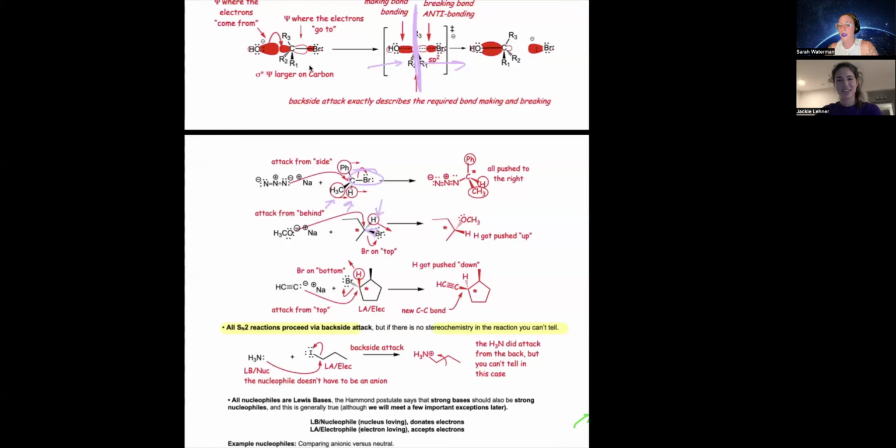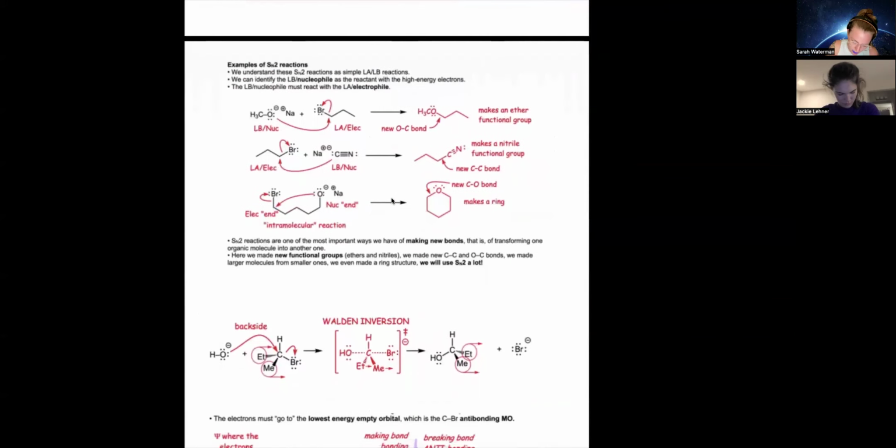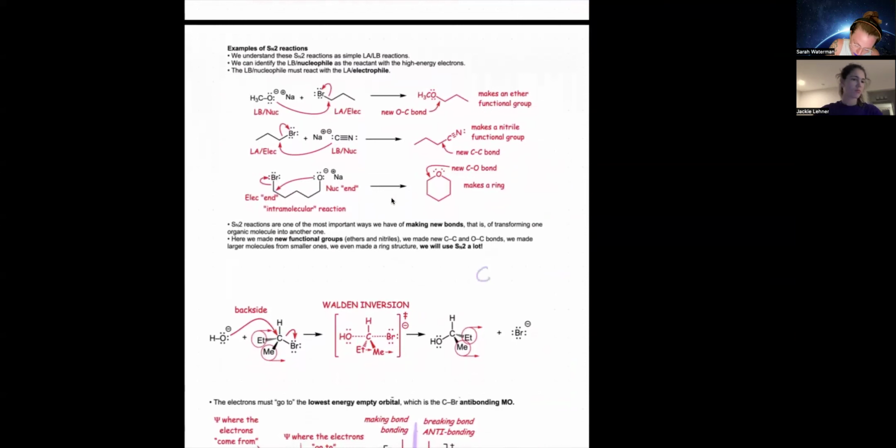Sometimes it can be, like you said, in a ring, that would be helpful because it can't turn. But when you have something like this, with wedges and dashes, it's not necessarily a good idea, because let me make sure I draw this correctly.